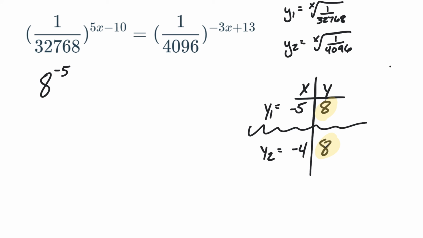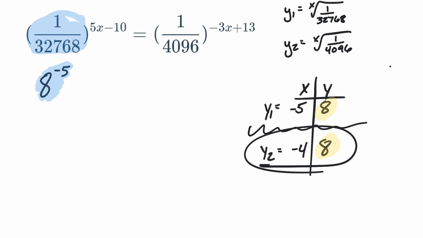Highlight this for you, make sure we're understanding what happened there, because it looks very funny. It's hard to get used to that, but that is 8 to the -5 power. And in my other one, since I have the -4, 8, it has a base of 8 as well, and it has a -4 power.